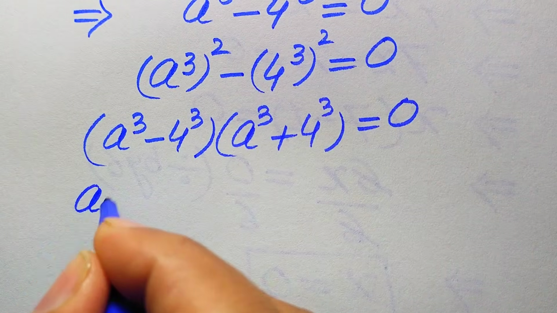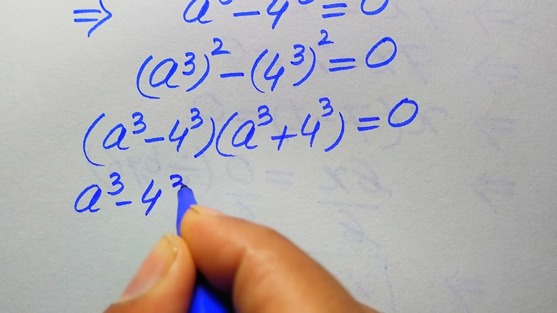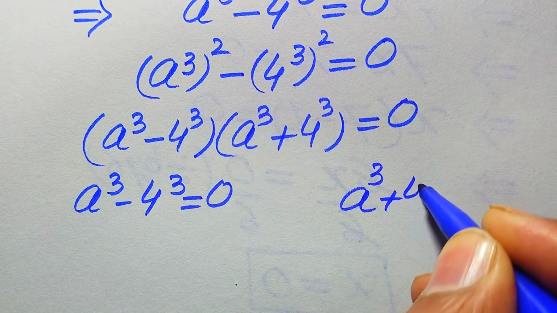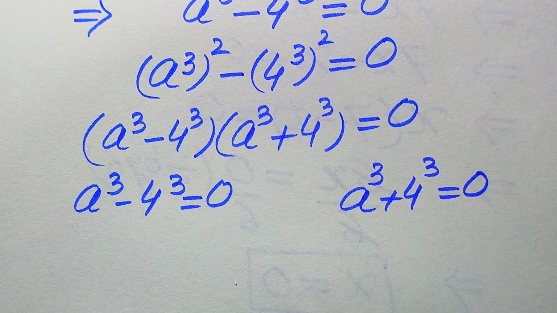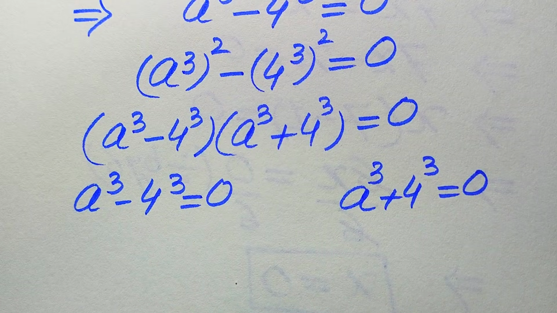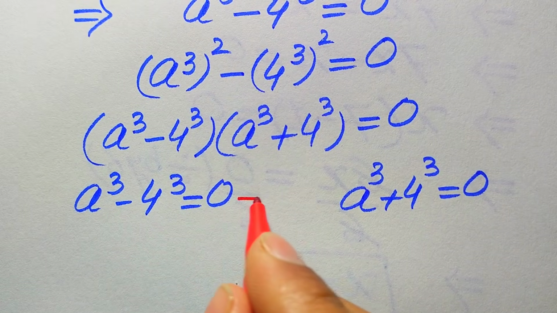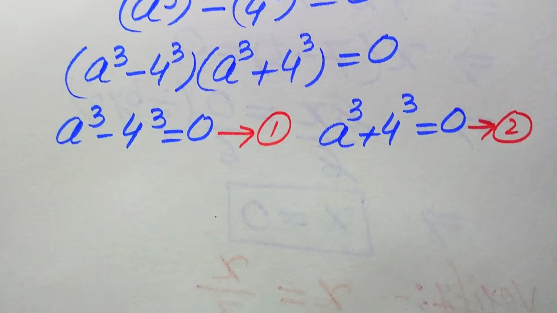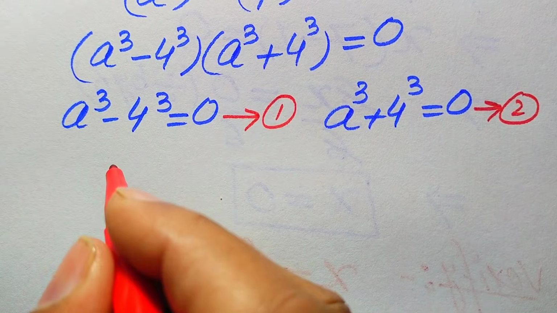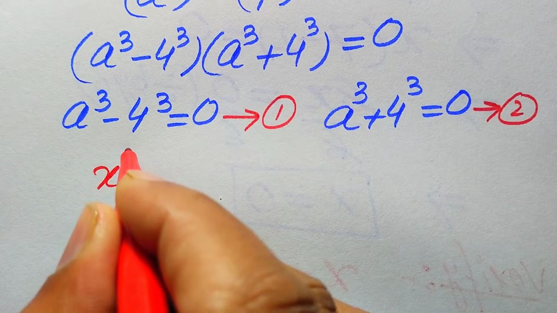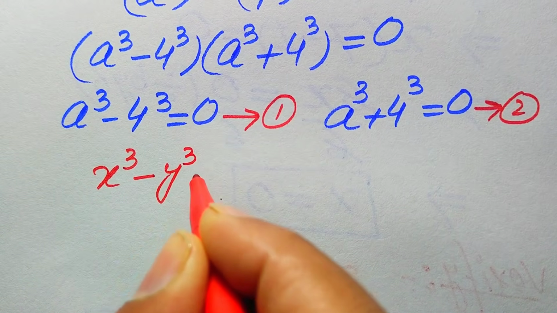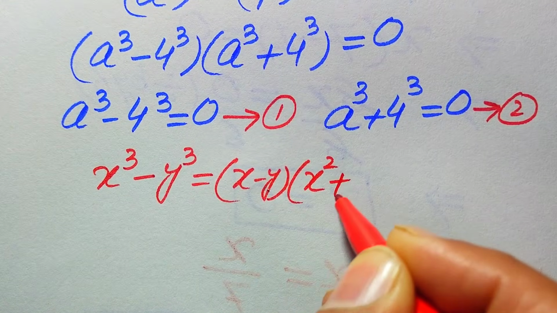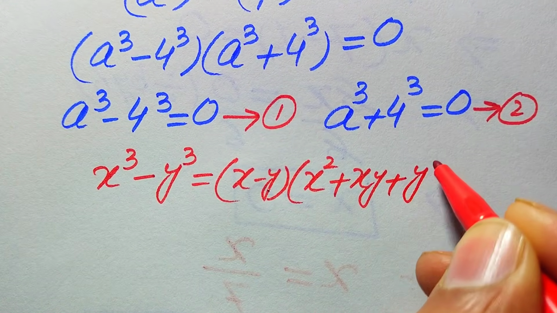Now we divide this equation into two cases. The first case is a cubed minus 4 cubed equals 0, and the second case is a cubed plus 4 cubed equals 0. We call this equation number 1 and this equation number 2. We focus on equation number 1, and here we use this nice formula: x cubed minus y cubed equals (x minus y) times (x square plus xy plus y square).